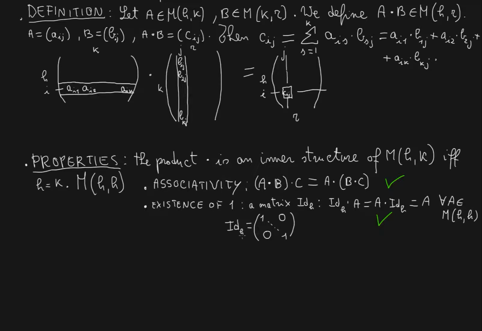This matrix is immediately verified to be an identity matrix for this product structure. You can easily verify it using the definition of product.